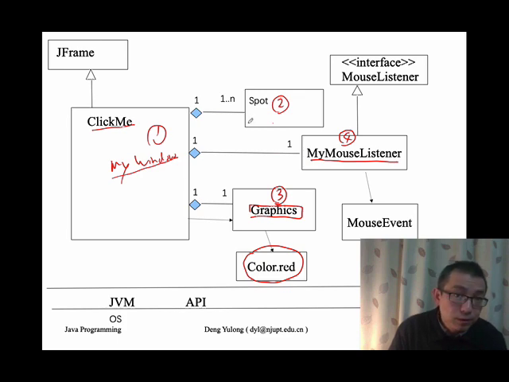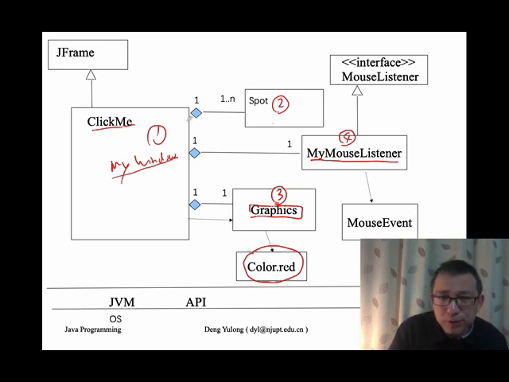Well, we must make a decision. We must find there's a condition, that is the spot object is created by click me. If there's no click me object, there's no spot object. So click me, my window object, must be in charge of the life cycle of the spot.